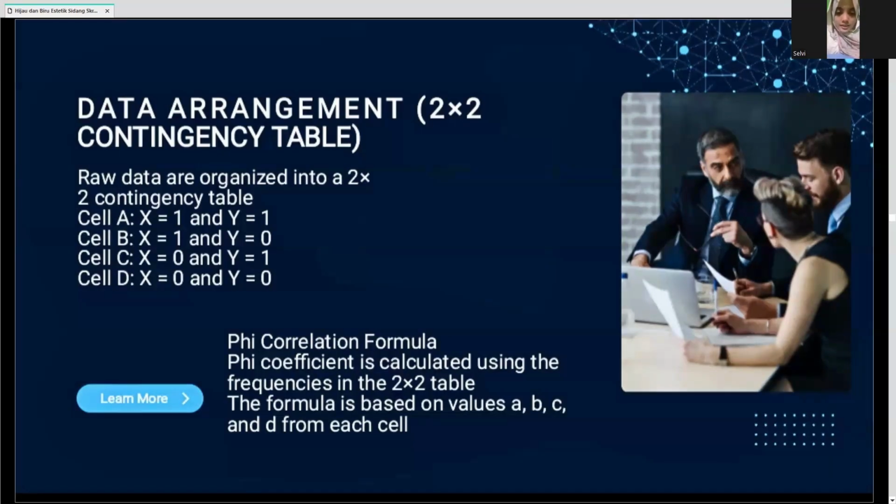Cell D: X equals 0 and Y equals 0. This table helps us see how the two variables are distributed and related. The phi coefficient is calculated using the frequencies from the 4 cells A, B, C, and D. The formula combines these values to show the strength and direction of the relationship between the two variables. Next.